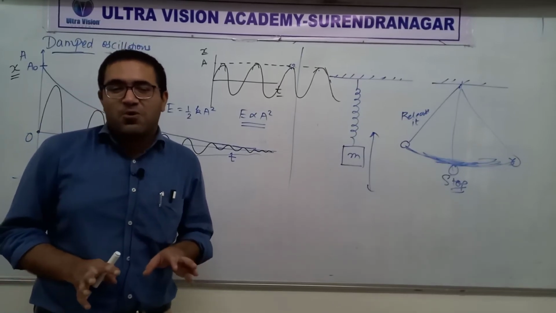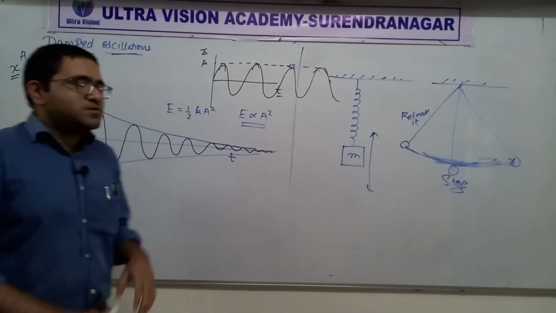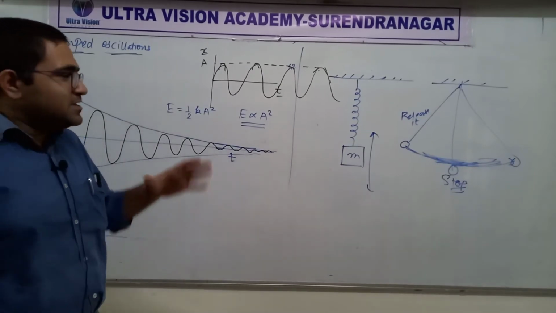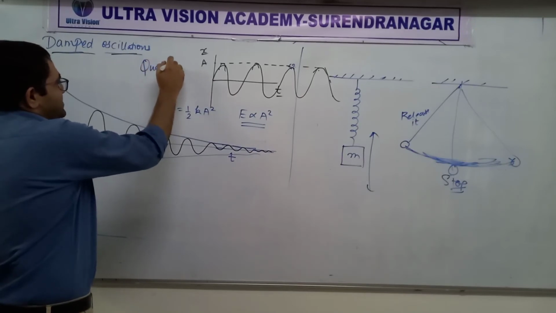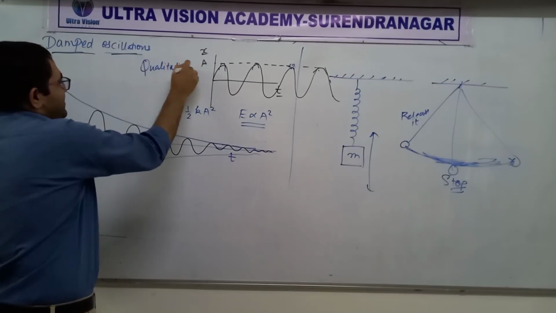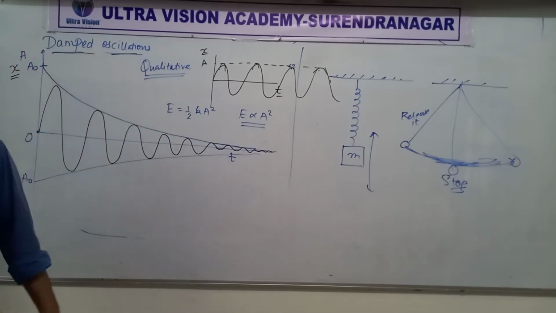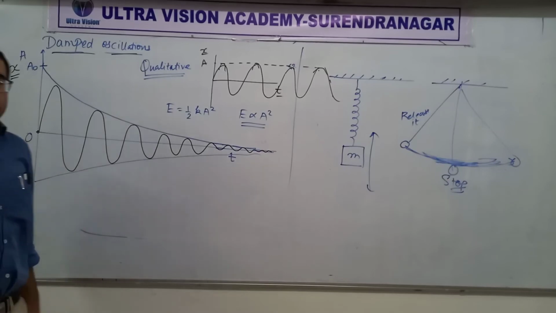So there is really no point talking about all that. We will simply skip over that portion. So this is just a qualitative understanding. You get what I am saying? This is just a qualitative discussion of what damped oscillation is. No maths involved. Equations are given in your book, but there is no need really. Fine. So that's about damped oscillation.